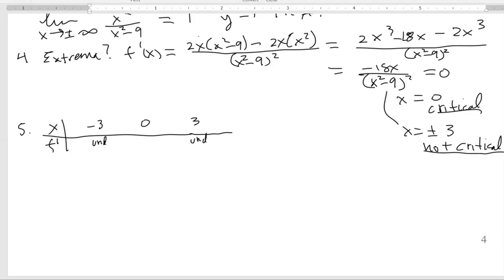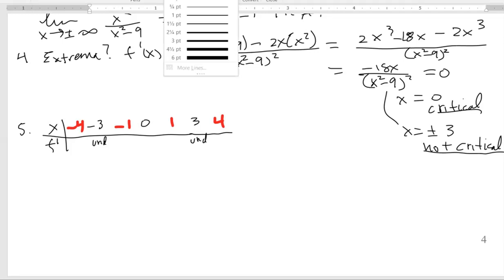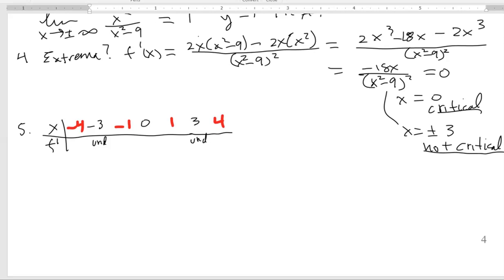I'll test over here a negative 4. I'll test the negative 1. 1 and a 4. Now, the other thing is I really don't have to test both of these since I've got the symmetry going. But just for the practice of this, I will show you the results in here.